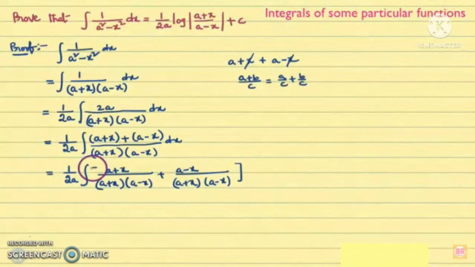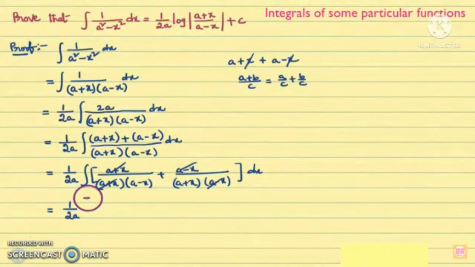I hope you understand this expression. Written as a plus x divided by the denominator plus a minus x divided by the denominator. You can see that a plus x will get cancelled here, and a minus x will get cancelled, but remaining is 1 by 2 into the integral of 1 divided by a minus x plus 1 divided by a plus x.